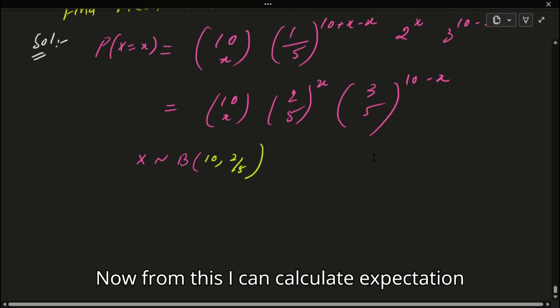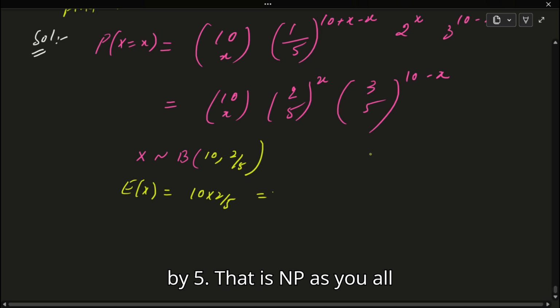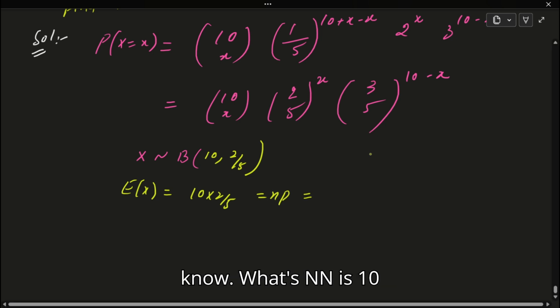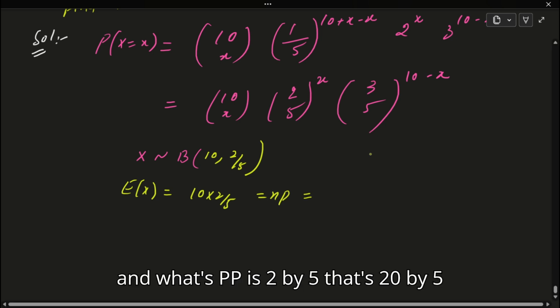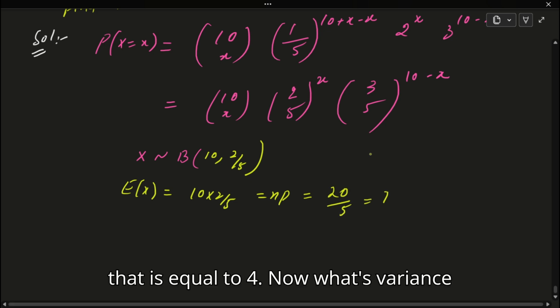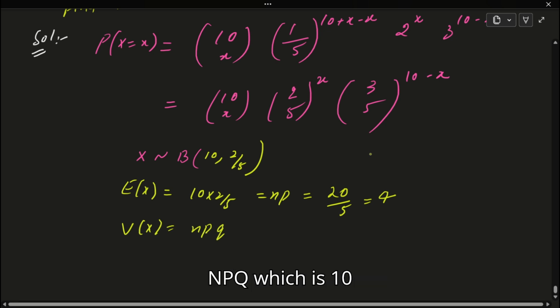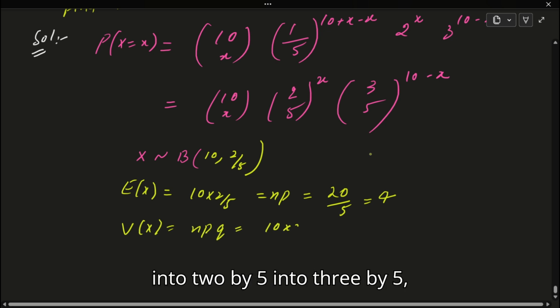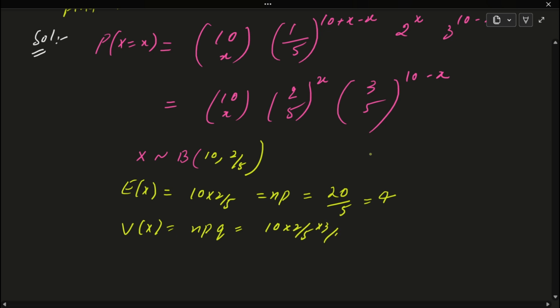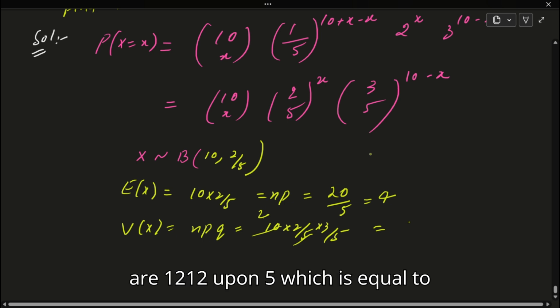Now from this I can calculate the expectation of x, that is np, as you all know. N is 10 and p is 2/5, so 20/5, that is equal to 4. Now what's the variance of x? That's npq, which is 10 into 2/5 into 3/5. 5 ones are 5, 2s are 2, 2s are 4, 3s are 12.